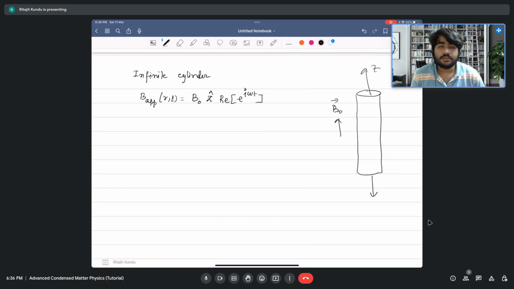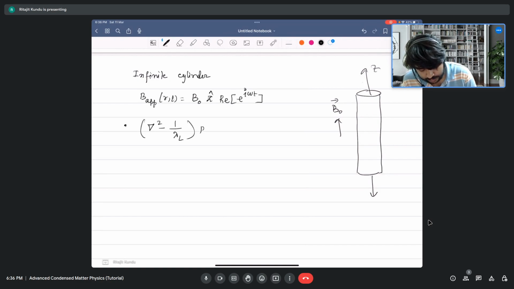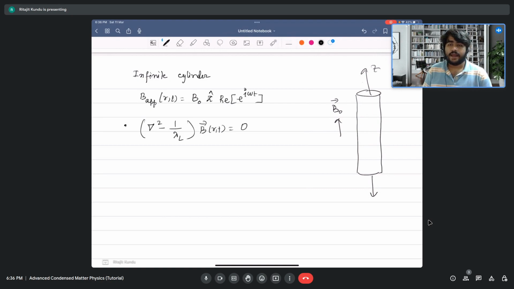What we are trying to do is solve this London's equation inside the superconductor, right? Now we see that this system has a cylindrical symmetry, so the natural coordinate system to use is cylindrical coordinates. The calculation will exploit the symmetry and become a lot easier.